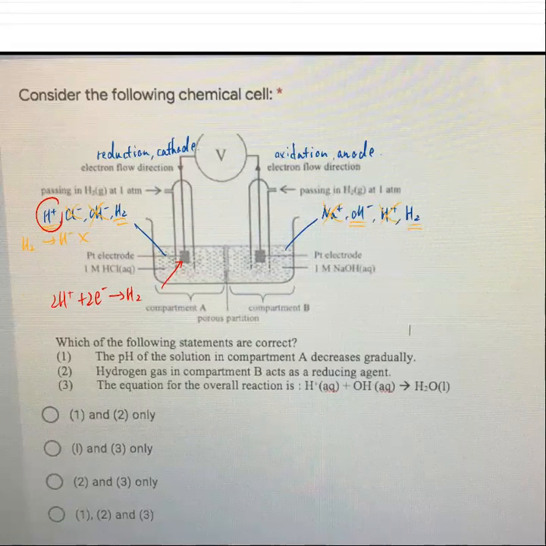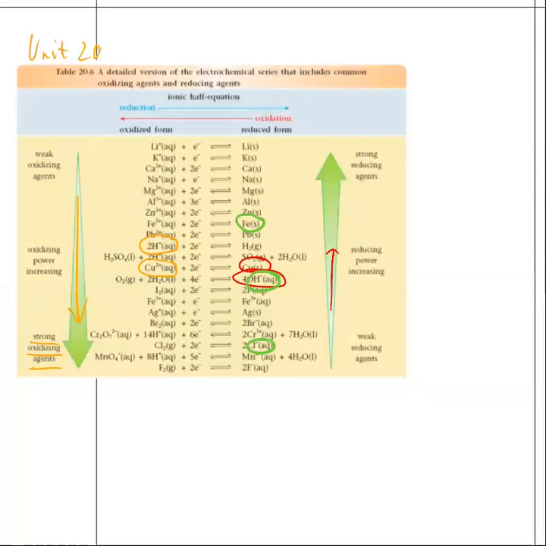And then let's take a look at whether hydroxide or hydrogen would be preferentially discharged. For this one, we can check our electrochemical series. We've got hydroxide at this part, and we've got hydrogen at this part.